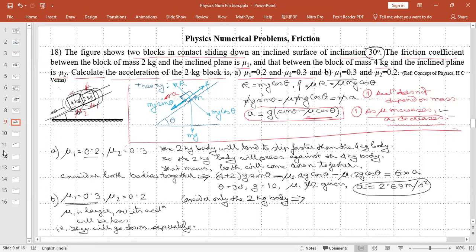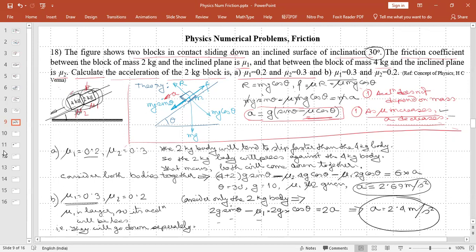The equation we find: downward force 2g sine theta minus upward force mu1 multiplied by 2g multiplied by cos theta is equal to its mass 2 into acceleration A. From this, if you put the values of g, sine theta and mu1, you will find A is equal to 0.4 meter per second square.